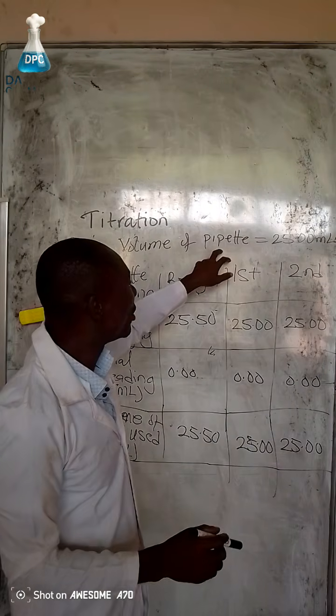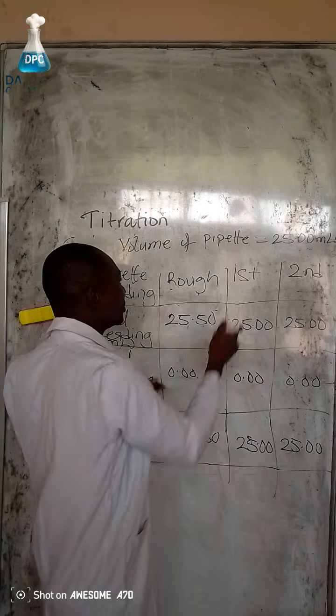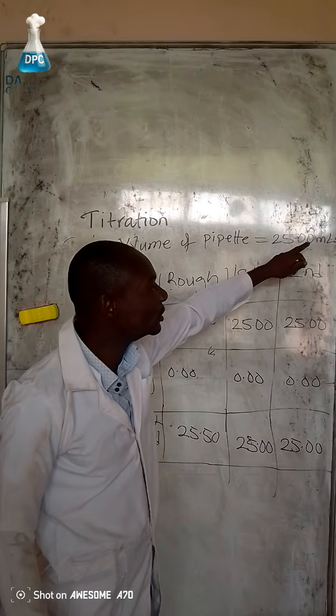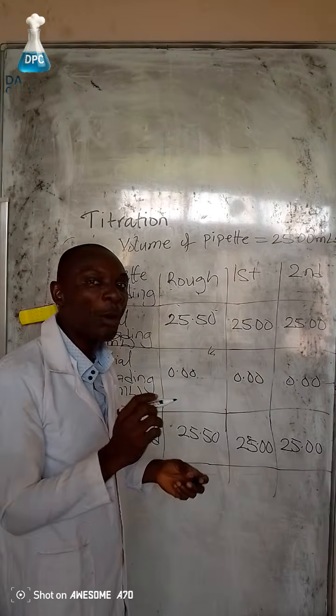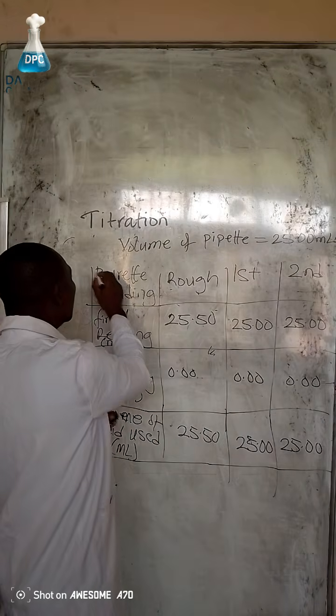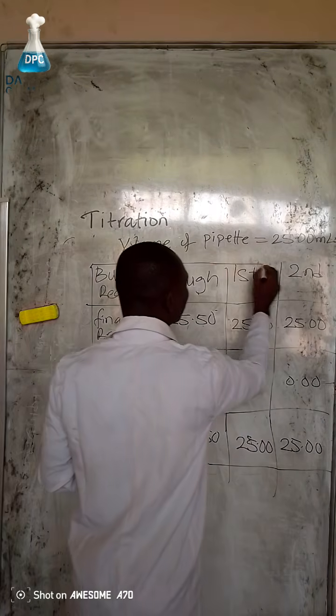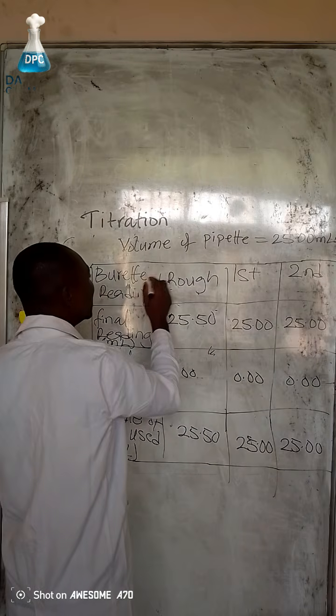This is the volume of pipette used. It's 25.00 ml that was used. Now, the indicator must also be indicated. Now, indicator.